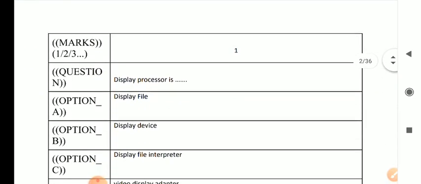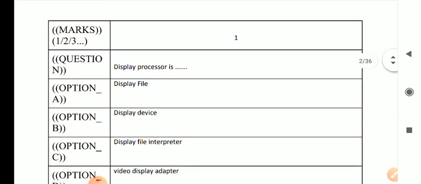Question number 2. Display processor is, so what is a display processor? Display file, we know that this is used to store information about the commands of that lines or that object. But display processor is used for processing on these commands.